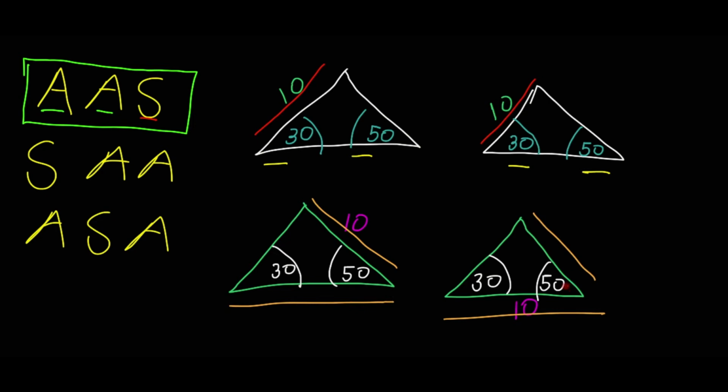So be careful. The key thing is that two angles are equal, and we have one side that corresponds, and those sides must be equal. So you can see that this side corresponds to this side and they are equal, but for these triangles they are not equal, so these triangles are not congruent. So that's it for this condition.